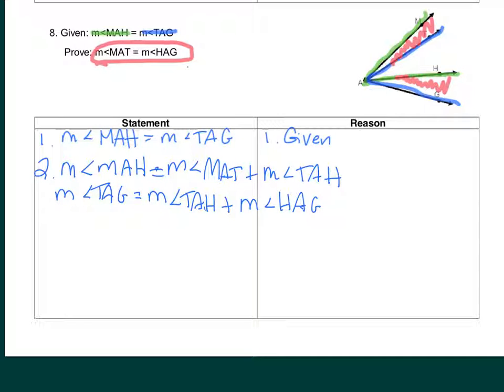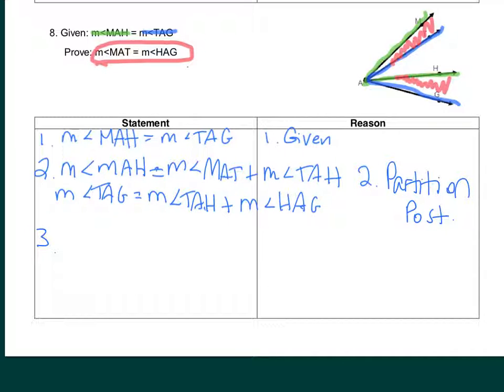And I'm sure you know what we used this time. Again, we spoke about a whole angle equaling the sum of its parts. A whole is equal to the sum of its parts. Partition postulate. And again, I'm going to abbreviate.